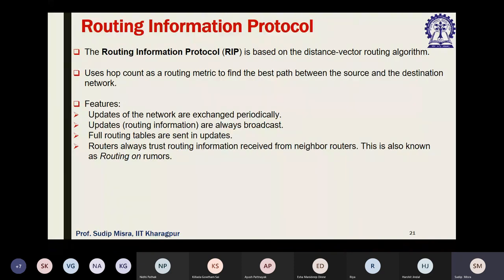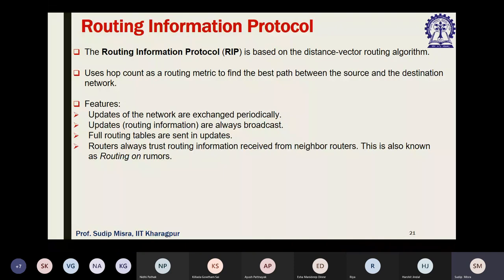For example, let us say the delay in propagating a unit packet from one point to another. Actually there could be different other metrics also that are possible, but in routing information protocol only this hop count is used as the metric to understand the distance between two nodes.